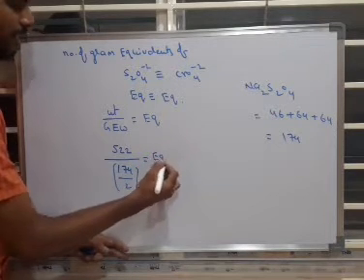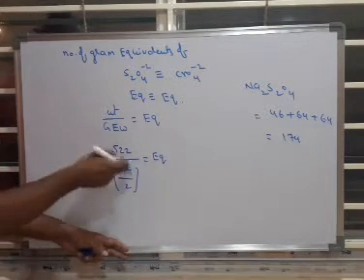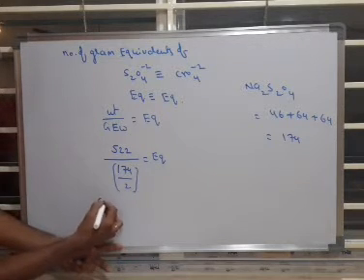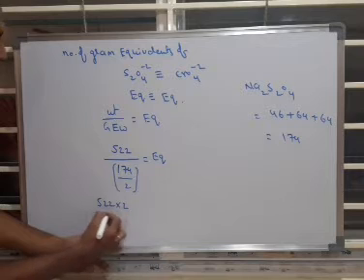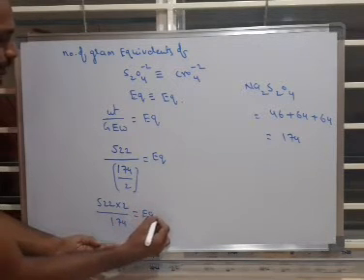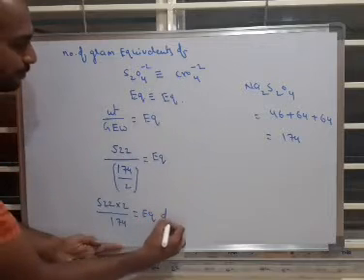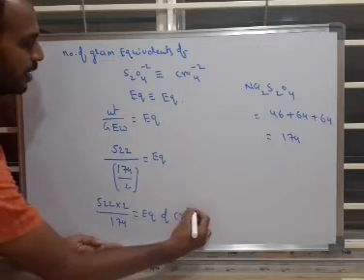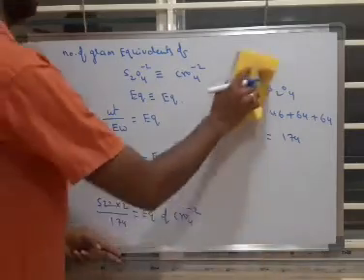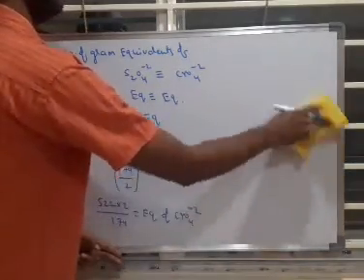That is the equivalent weight. On this overall calculation, the equivalents of CrO4 minus 2, let's try to calculate it.